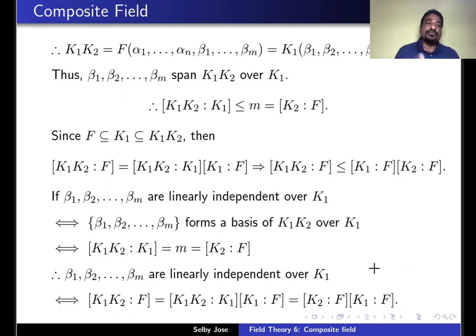We can assume the other way around also. If alpha 1, ..., alpha n are linearly independent over K2, then we can still prove the equality holds. In that case, we consider K1K2 as K2(alpha 1, alpha 2, ..., alpha n).